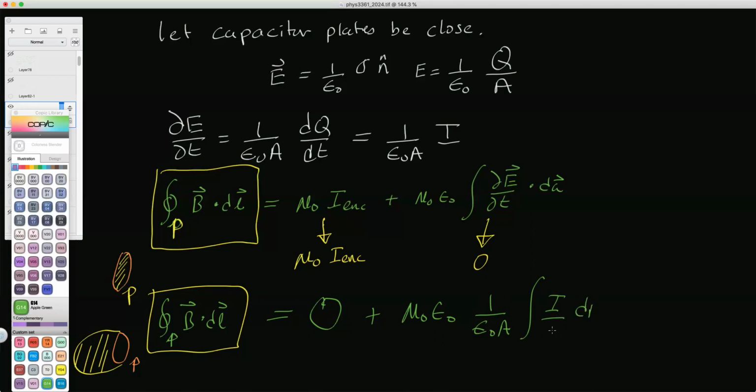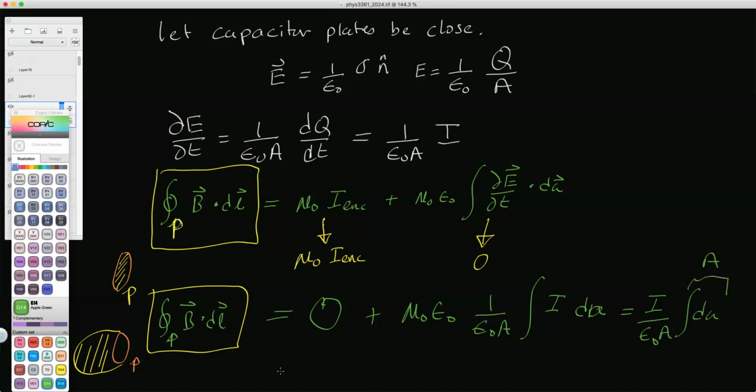Oh wait, my bad, I already put the A in there. And then the I comes out. Again, this is just an example, it's not the most general case. And then the integral of dA becomes just A.